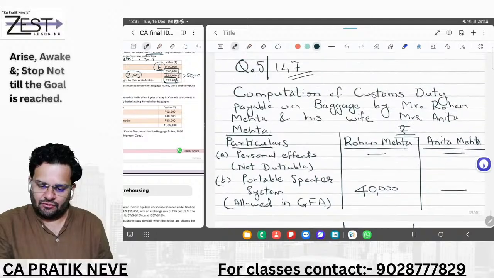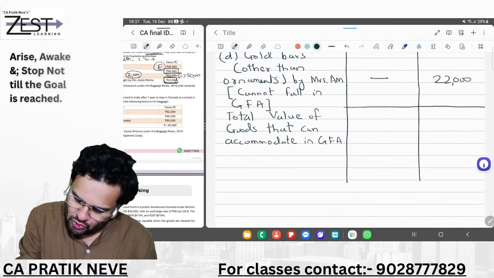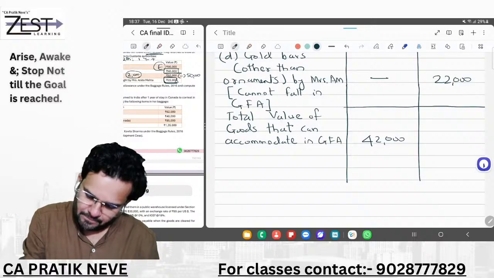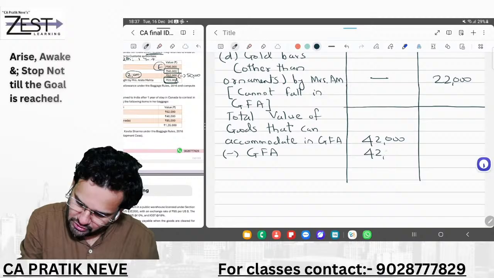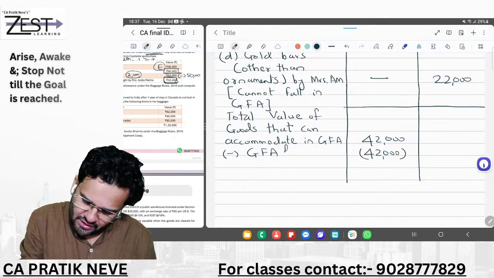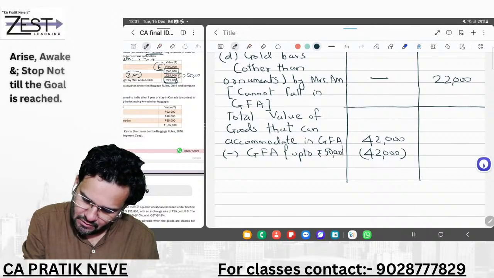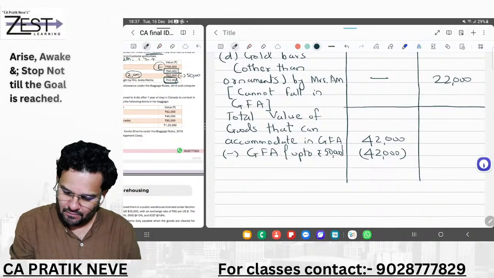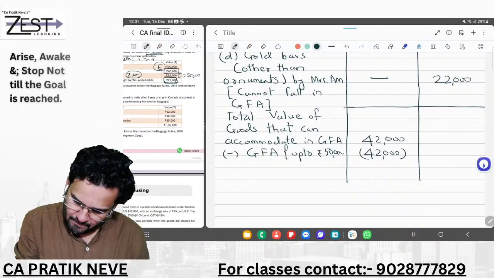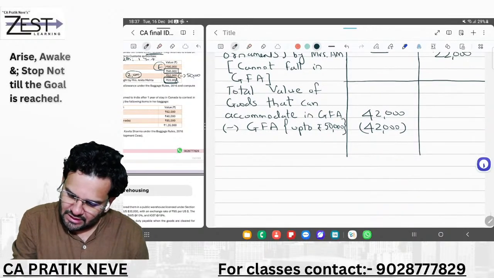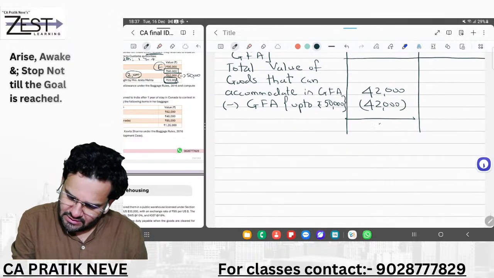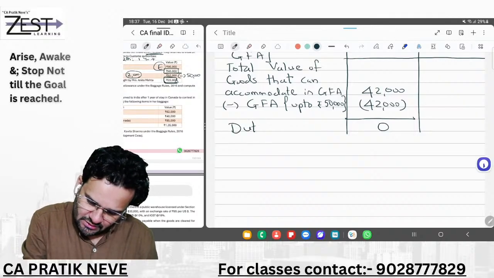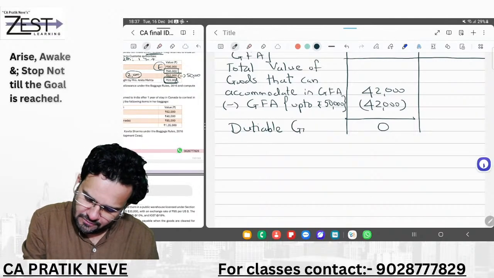So basically take for Rohan Mehta 40 plus 2, 42,000 less GFA 42,000, because GFA is up to rupees 50,000. Clear? So all of you, what you will do here is 0. 0 is dutiable goods.